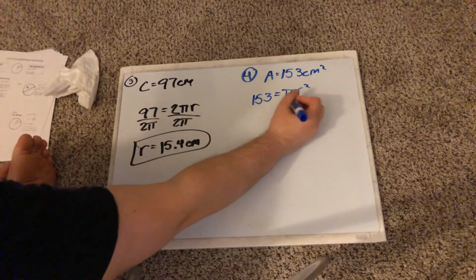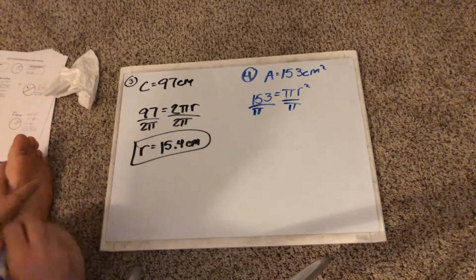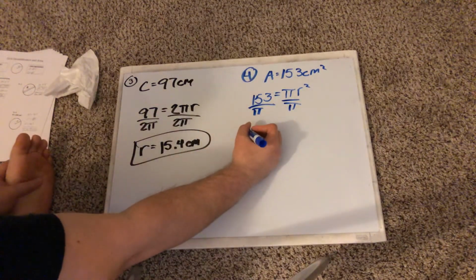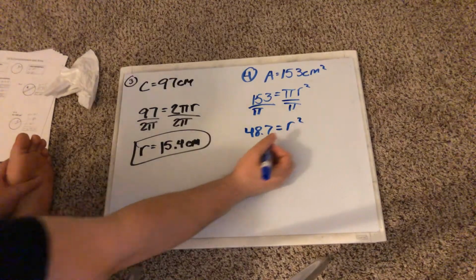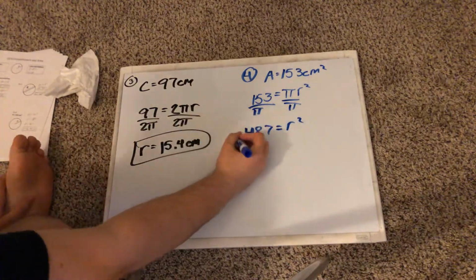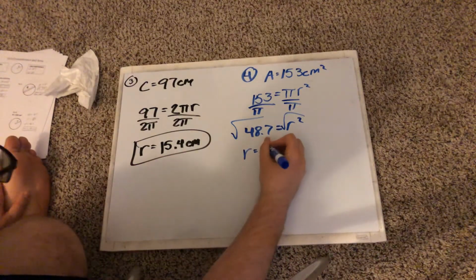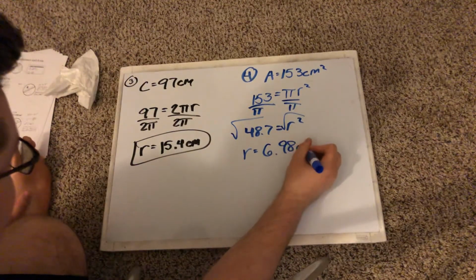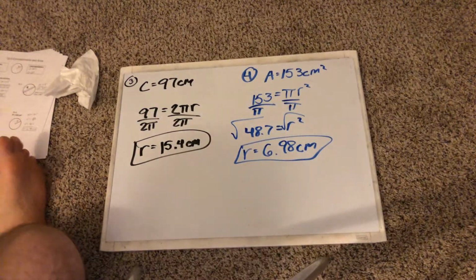I'm going to divide both sides by pi, and I get 48.7 equals r squared. To get rid of a square, I have to square root both sides. So r comes out to be 6.98 centimeters. That's it. Not bad at all.